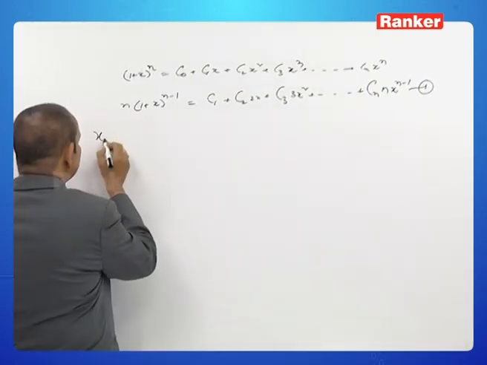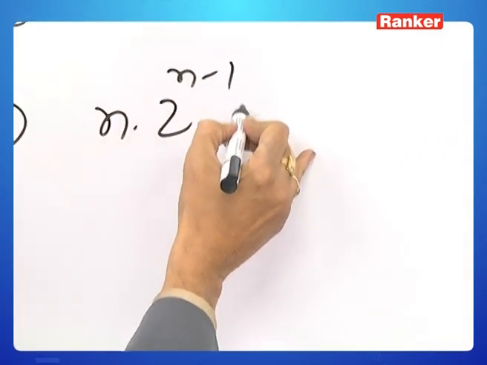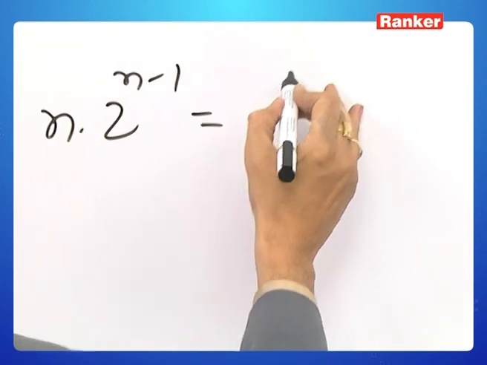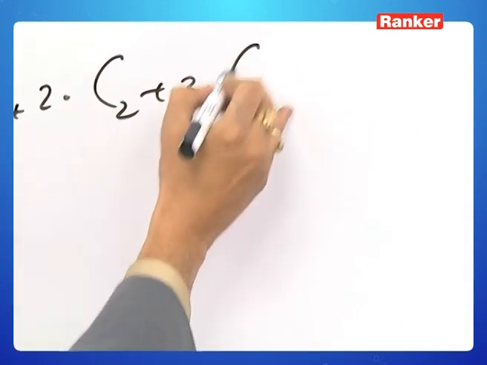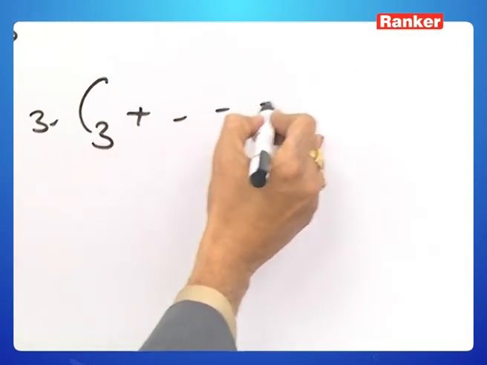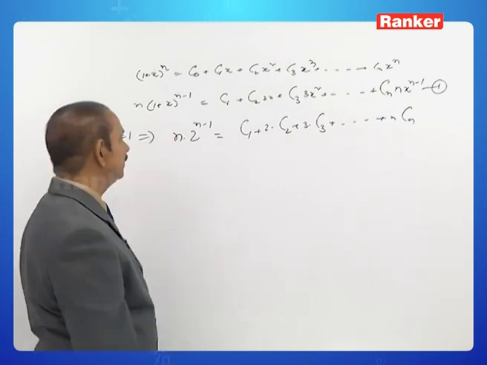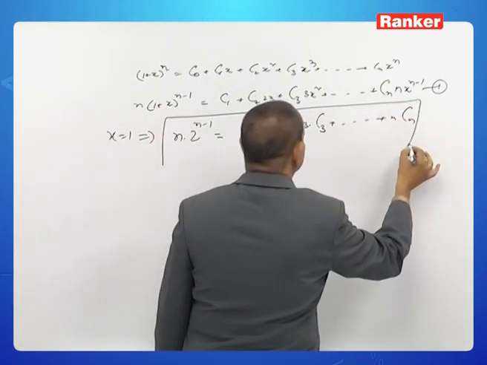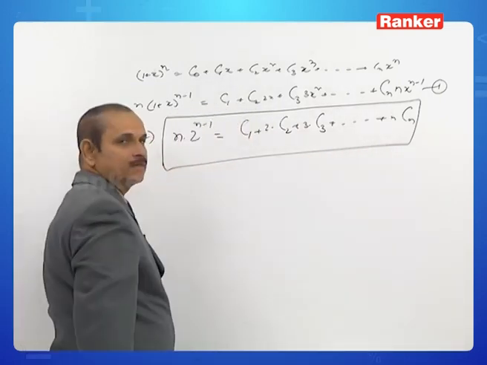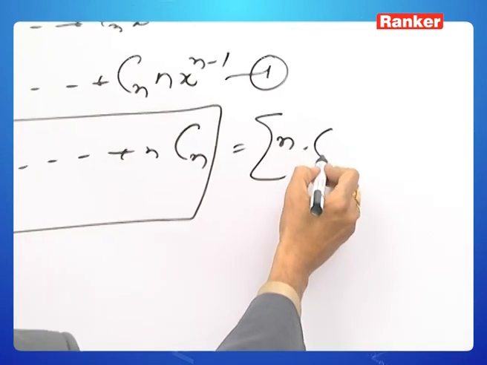If you take x is equal to 1, what happens? n into 2 power n minus 1 is equal to C1 plus 2 into C2 plus 3 into C3 plus 4 into C4 plus, and so on, n into Cn. Of course, this can be represented as sigma r into Cr.